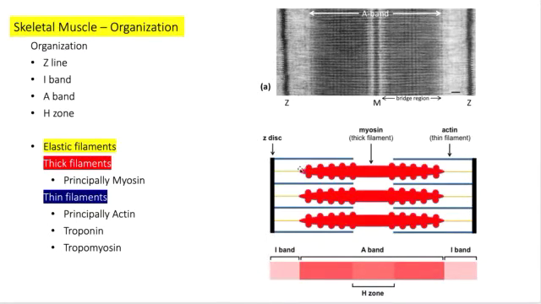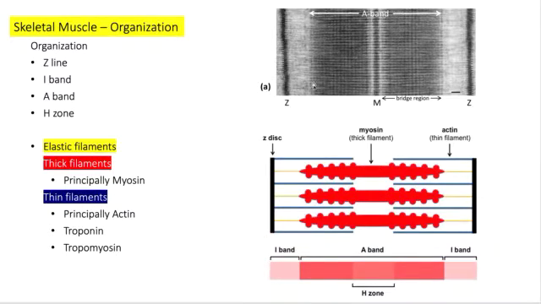And elastic filaments are really not going to be part of the story moving forward. They're in yellow here, and they attach the thick filaments, which are here in red, to the Z lines. Then there are the blue filaments, which are principally actin, but also, as I said, troponin and tropomyosin. And then these are the thick filaments.